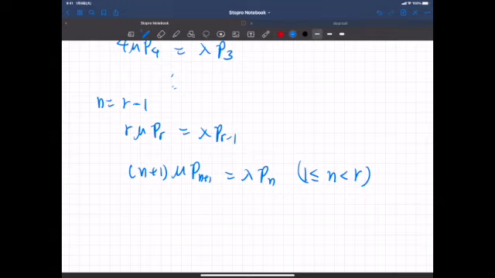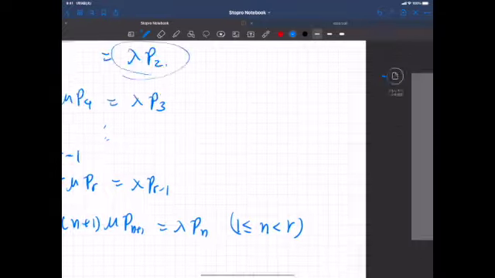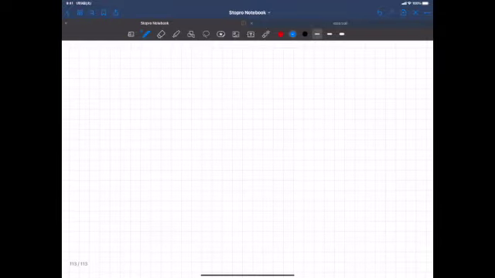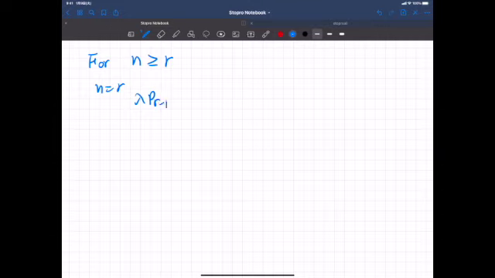For n greater than or equal to r, let's see, for n equals r, we have lambda p_{r-1} plus r mu p_{r+1} minus lambda p_r minus r mu p_r equals 0.